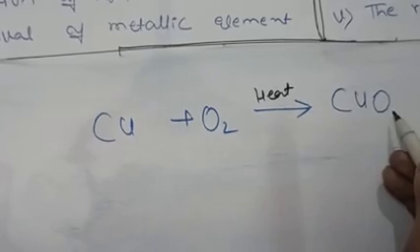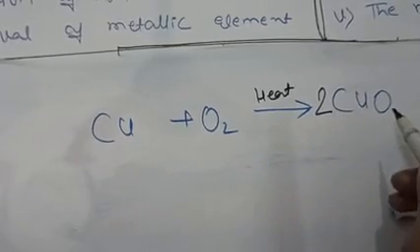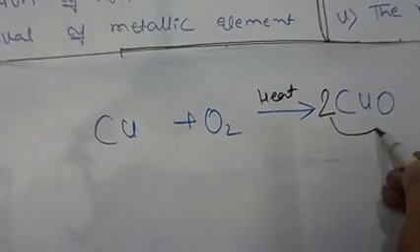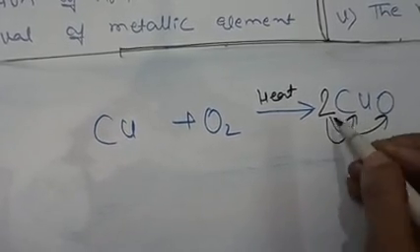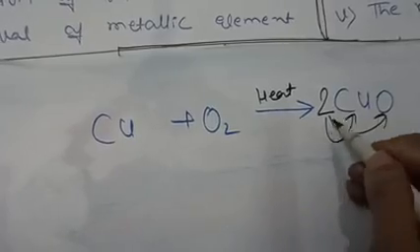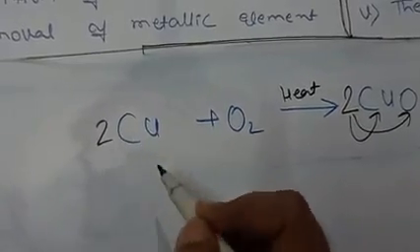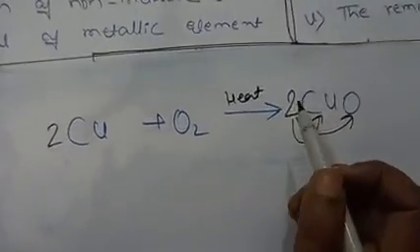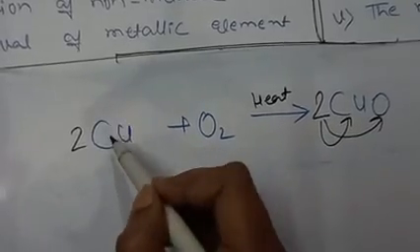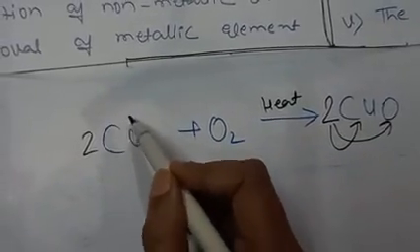So to balance this equation, we have to multiply the copper oxide by 2. Now there are 2 atoms of copper and 2 atoms of oxygen. To balance the copper on the LHS also, we should multiply it by 2. Now it is balanced.